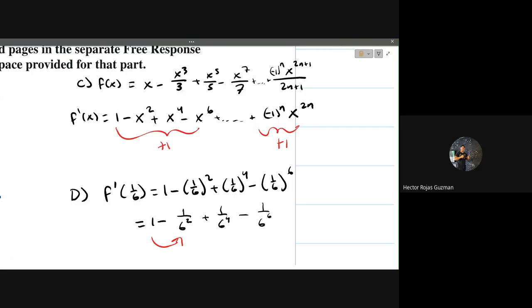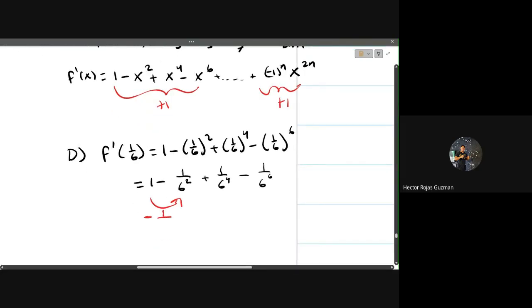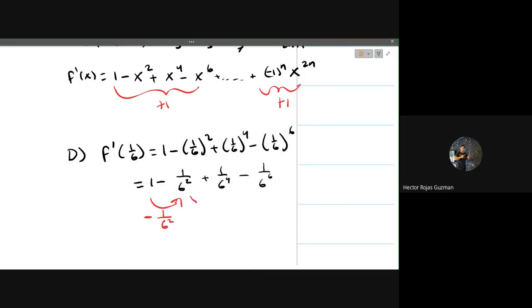What are we multiplying by? Negative 1/6 squared, because if you multiply by negative 1/6 squared every time, it does give you the next number in the sequence. That's our common ratio. So r equals negative 1/6 squared. And if you have a common ratio, you have a geometric series.